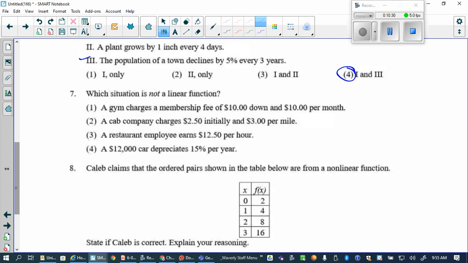It's not a linear function. Which one is it? It's 4, because it has a percentage in it. It depreciates 50% every year, so it's not a constant rate of change, and that's exponential.